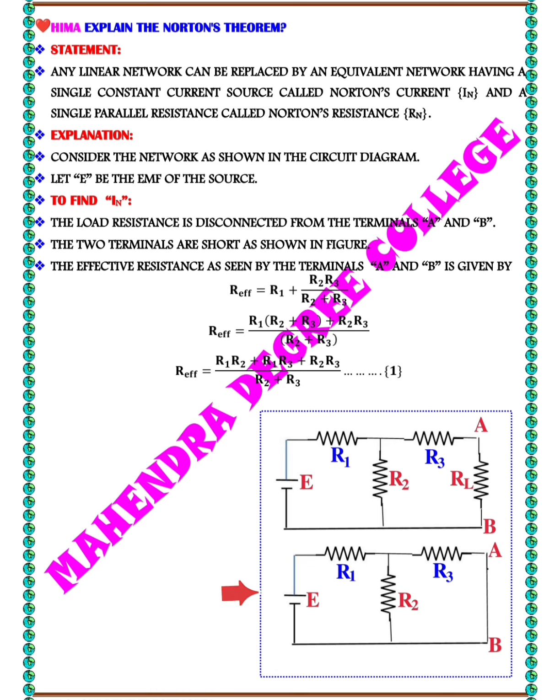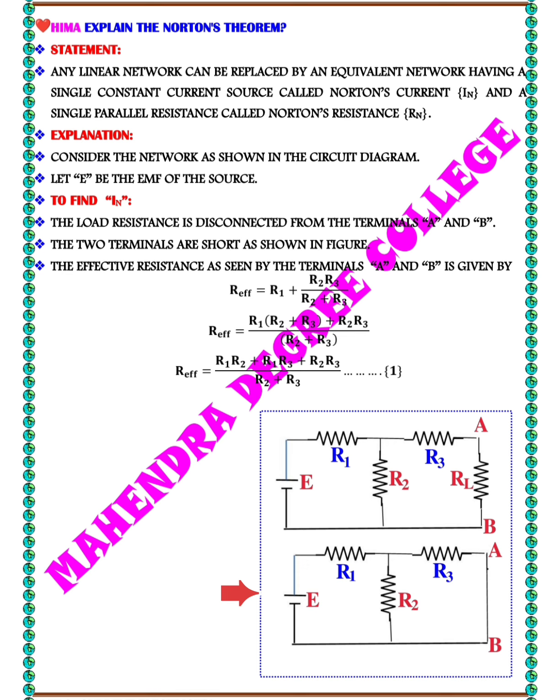The second image depicts a circuit with a voltage source and three resistors, R1, R2 and R3, connected in a combination of series and parallel.